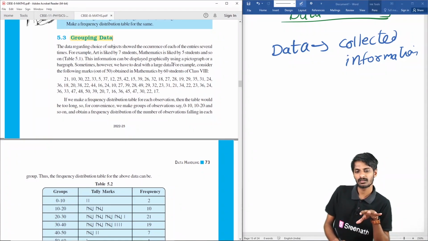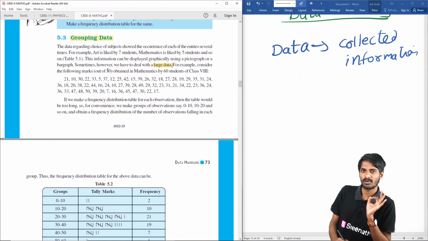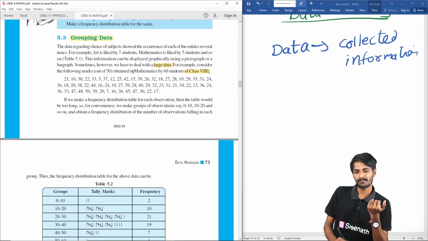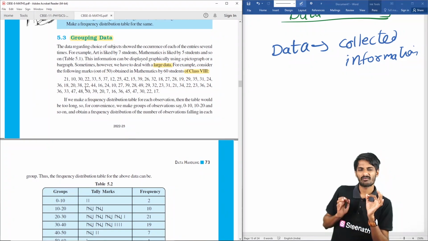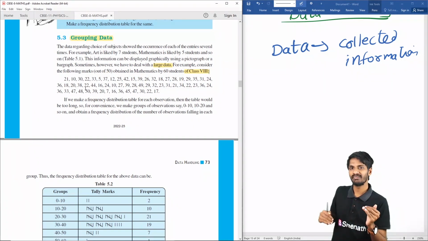But if the data is much larger, suppose the marks out of 50 in mathematics of 60 students of 8th class are represented like so. These are the marks out of 50 for the 60 students. If you make a frequency table for these marks, it is somewhat good, but it becomes too heavy.